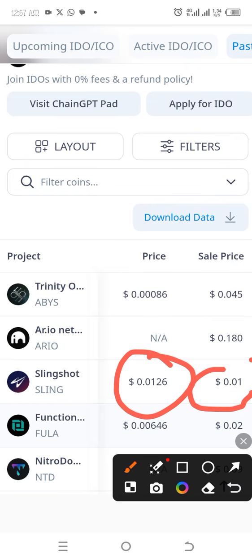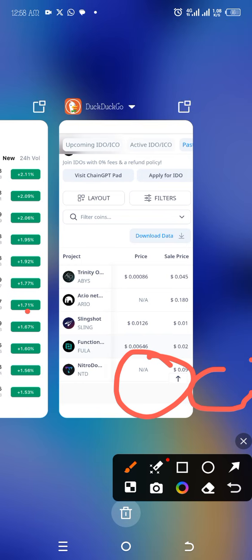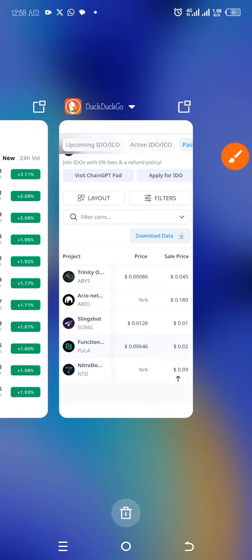So now let's head over to where it was listed and see if we are actually going to make money from this, because this is just the current price now and it has dropped. That is why you are seeing this. But let's head over to MEXC and see, because it was listed on MEXC as well.